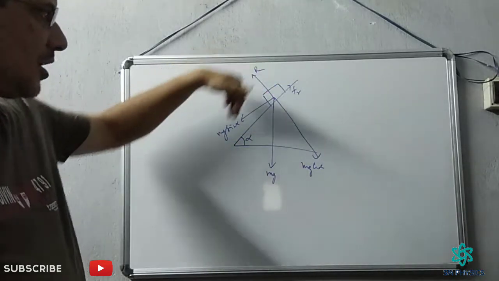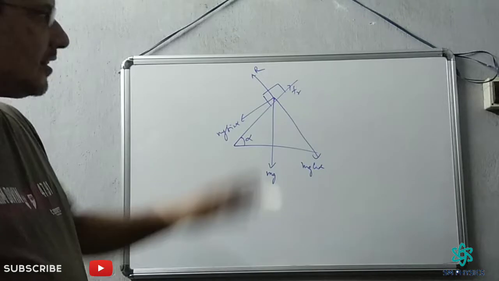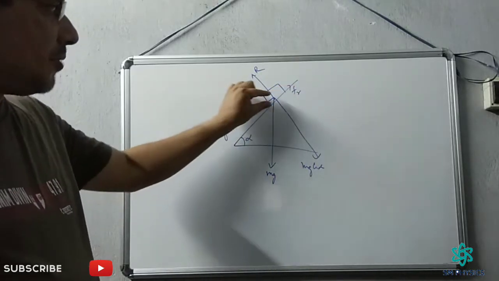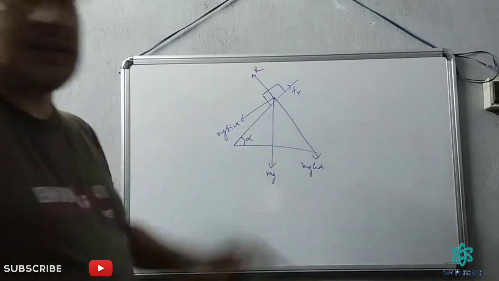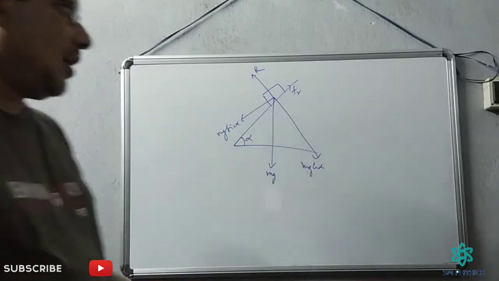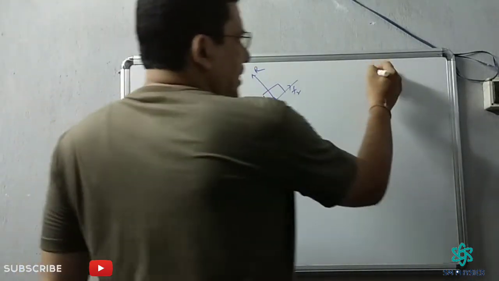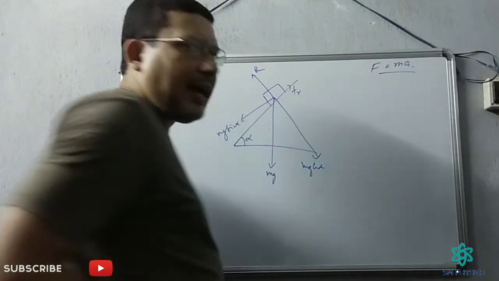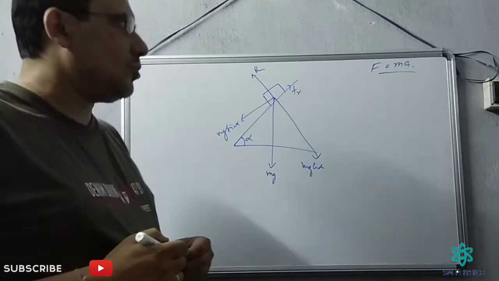The body moves in the downward direction, and the frictional force acts in the opposite direction at the contact point between the wedge and the block. Here we apply the equation F equals ma, that is mass into acceleration.